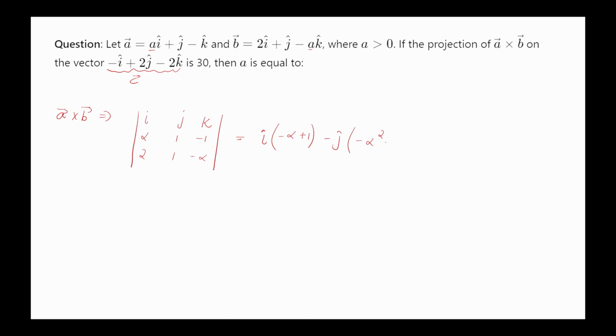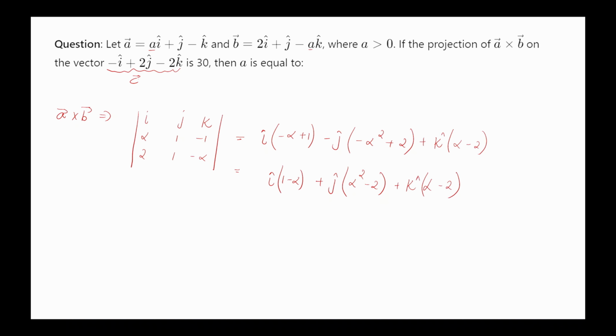Minus alpha square plus 2, plus K cap, and here I'm going to have alpha minus 2. If I write this in a simpler way, this is basically I cap (1 minus alpha) plus J cap (alpha square minus 2) plus K cap (alpha minus 2). So this is my A vector cross B vector.